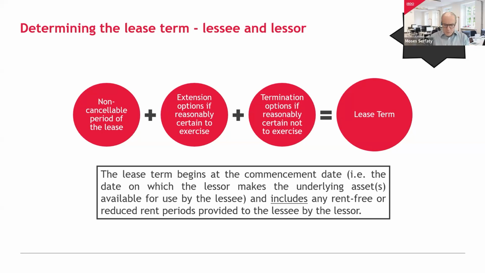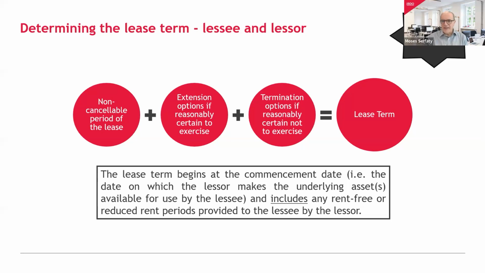In terms of when you reassess the lease term, you're required to reassess the lease term when a significant event or change in circumstance which is within the control of the lessee occurs, and that change affects whether or not you are reasonably certain to exercise any options to extend, or options to terminate.